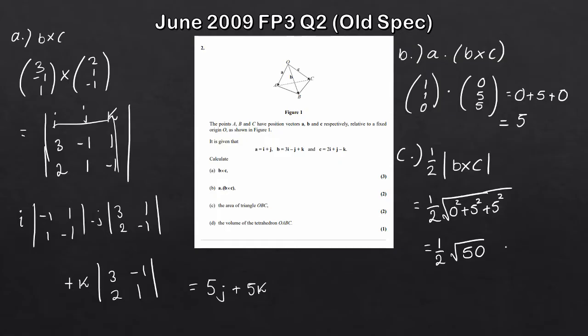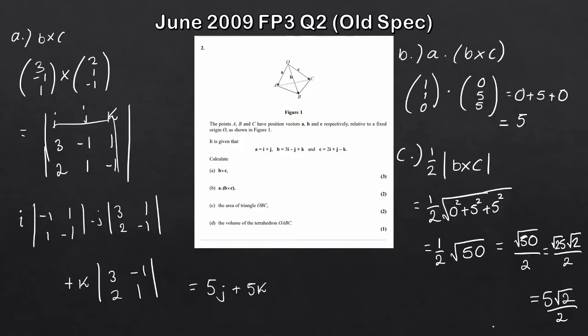So what I've got here is root 50 over 2, which we can simplify as root 25 root 2 over 2, which we can simplify now simply as 5 root 2 over 2. That would be the exact area there of the triangle OBC.